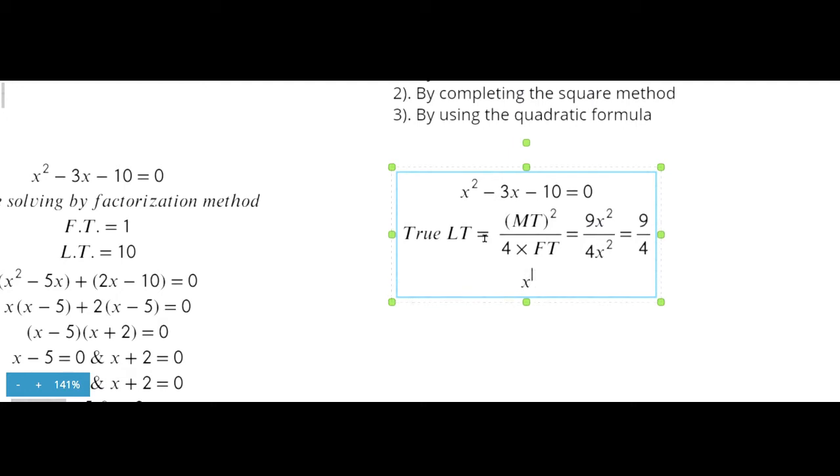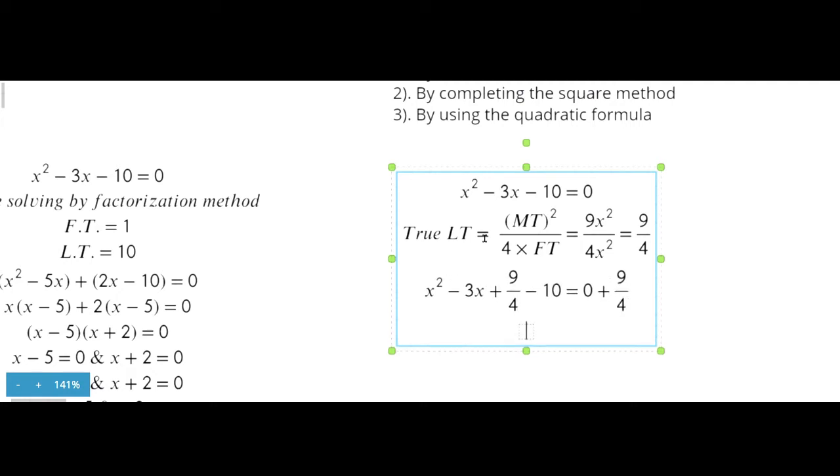So let's write our equation again. x squared minus 3x. This time I will put the newly found last term in this place, but I should not forget my minus 10 as well. And to balance the entire equation, I will have to add this 9 by 4 on the right hand side of the equation as well.